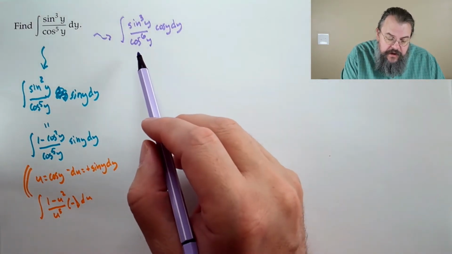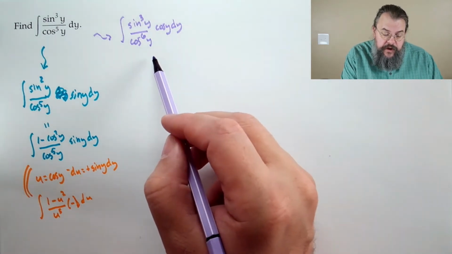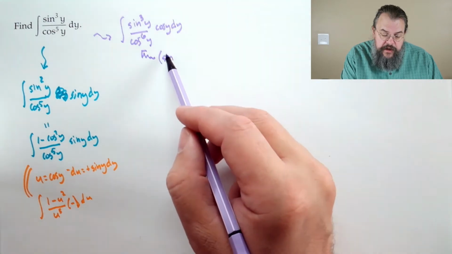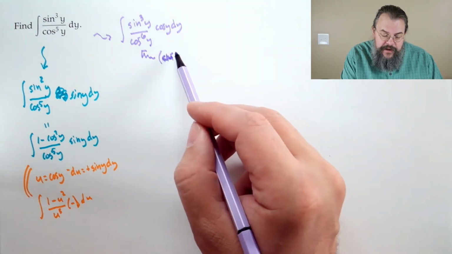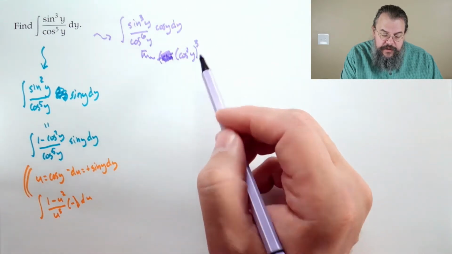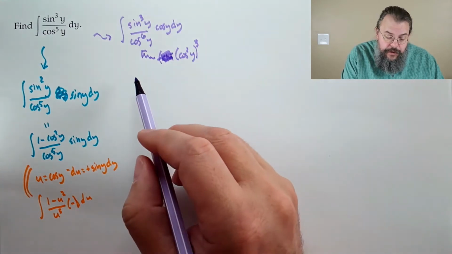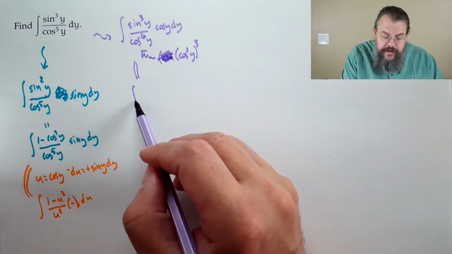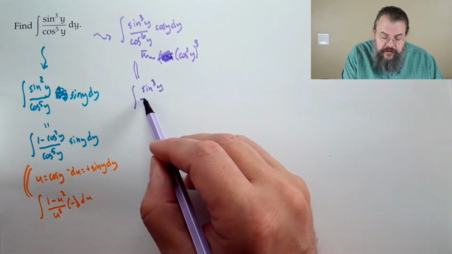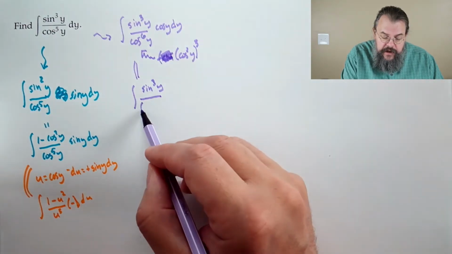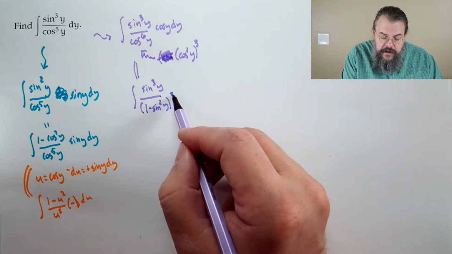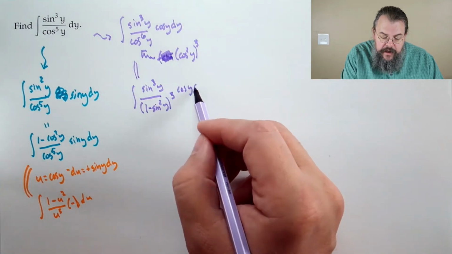We say, look, cosine to the 6th, this term down here, is secretly the same as cosine squared cubed. And so what we can do is we can say, hey, this is really the same as sine cubed y divided by, and cosine squared, I can replace it, 1 minus sine squared y cubed, and a cosine y dy.